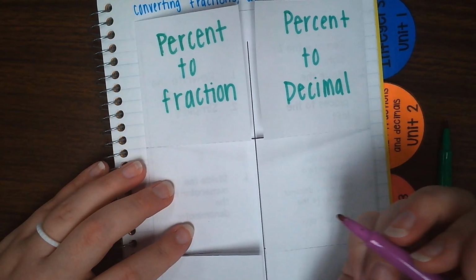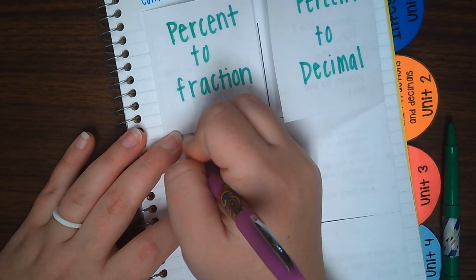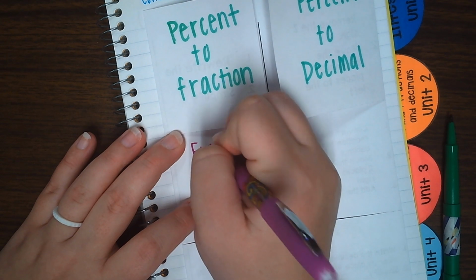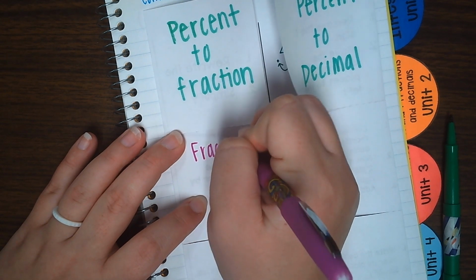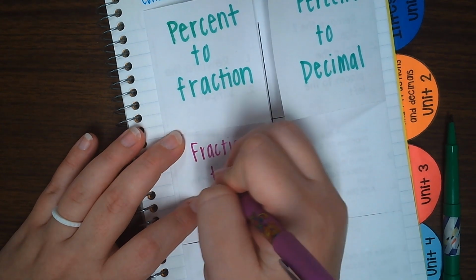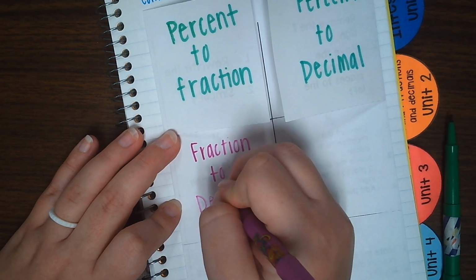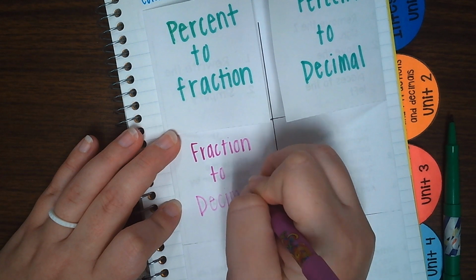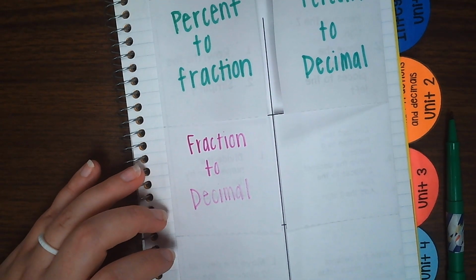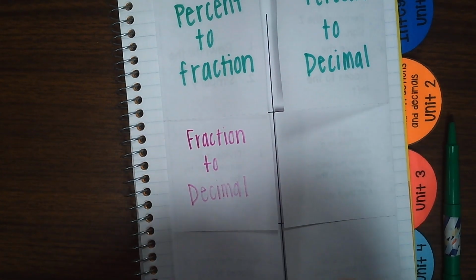Next, we are converting fractions to a decimal. My pen is starting to run out. So fraction to decimal.